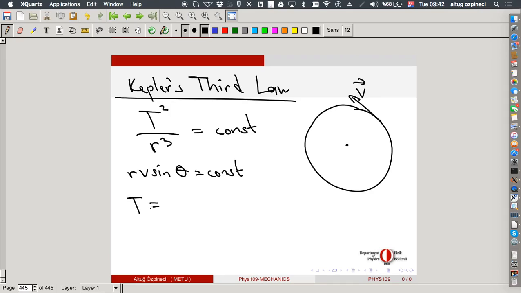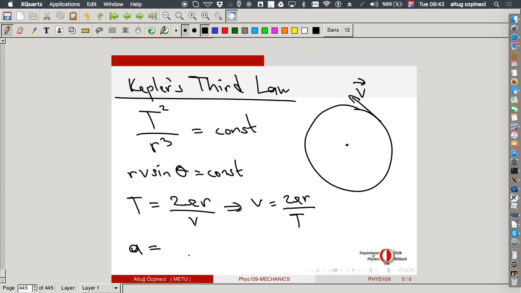Now, the period of the motion would be, well, the planet covers a distance 2 pi r with a speed v, so this is the period. Or we can say that v is equal to 2 pi r over T. Now, if it's going around the circular orbit, we know its acceleration.